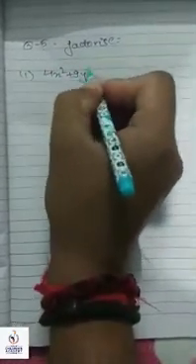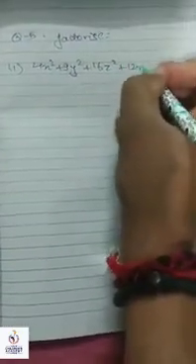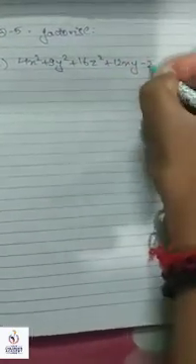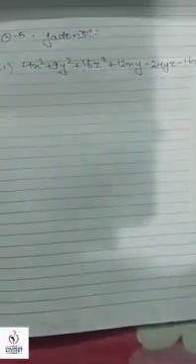Let's see question number 5. It's given: factorize. The first one is 4x square plus 9y square plus 16z square plus 12xy minus 24yz minus 16xz. Okay, we have to simplify this.